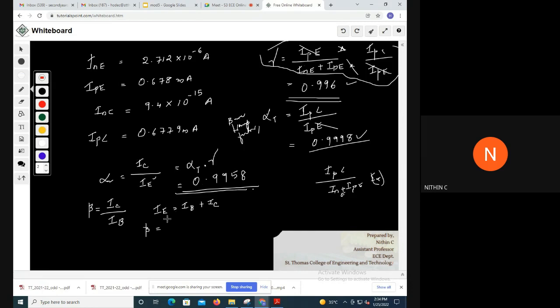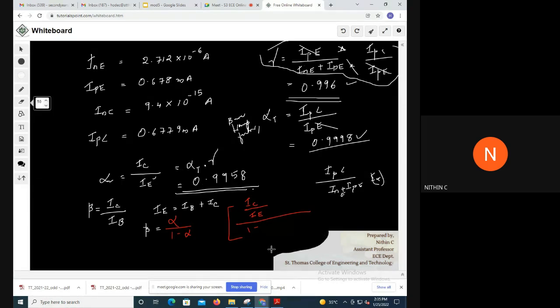It is actually alpha by 1 minus alpha. If you have doubt, you can do that separately. Alpha is IC by IE, divided by 1 minus IC by IE.